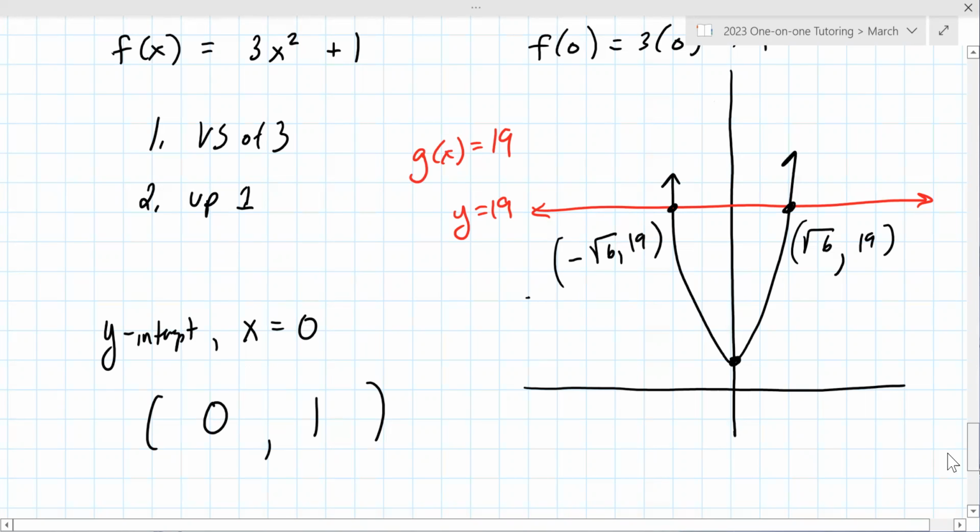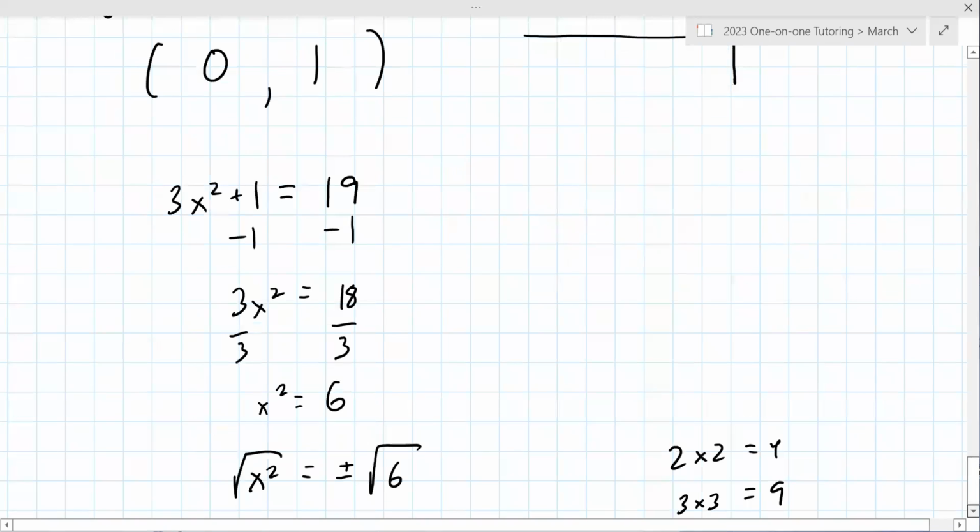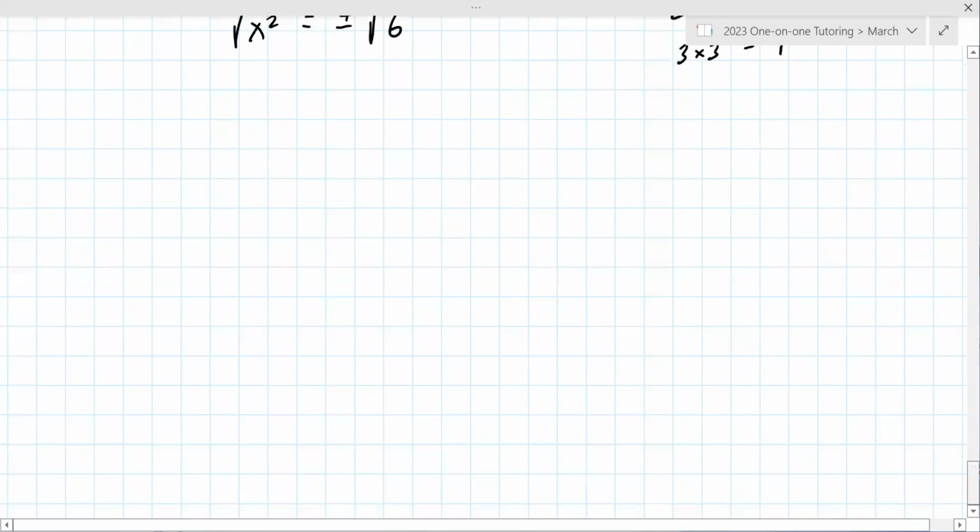All right, let's do another one here. Make this one a little harder. Let's go f of x equals minus x squared plus 3. So this has two transformations. Can you give me either of them?